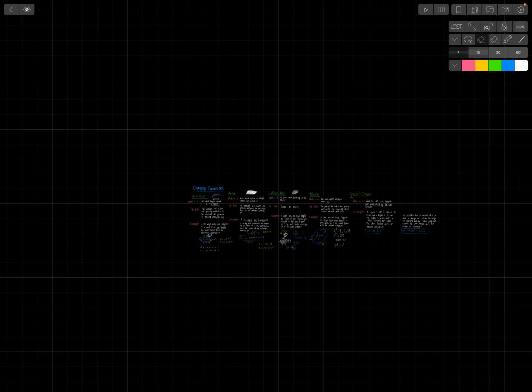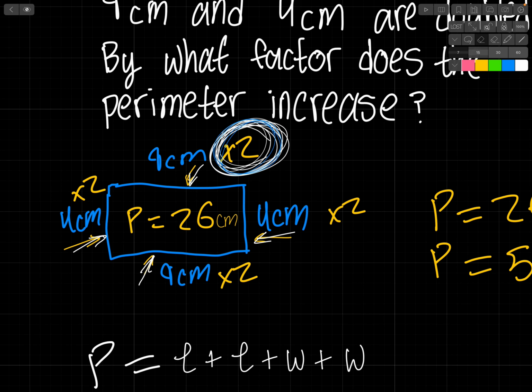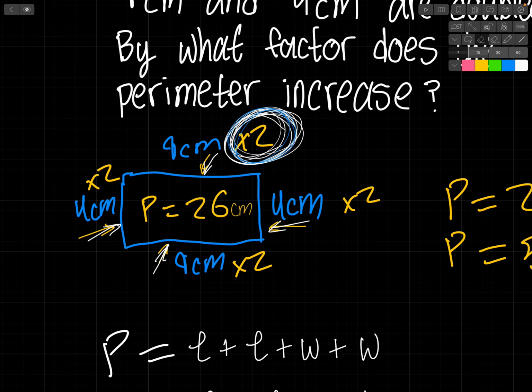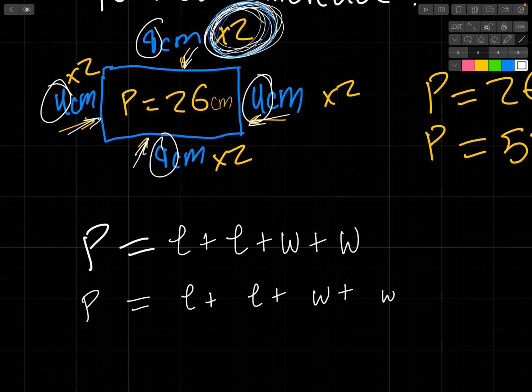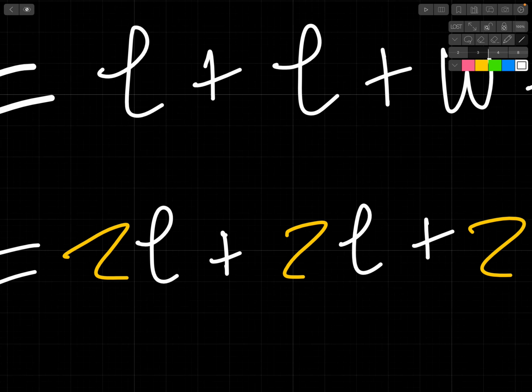So let's first go into perimeter. First of all, the perimeter formula for, let's just do a rectangle in this case, is length plus length, because there's two lengths which have the same values, 9 and 9, and then plus width and width, because they also have the same values. And so in total there's 4 sides. Now when we double these lengths, you can see how the plus separates them.